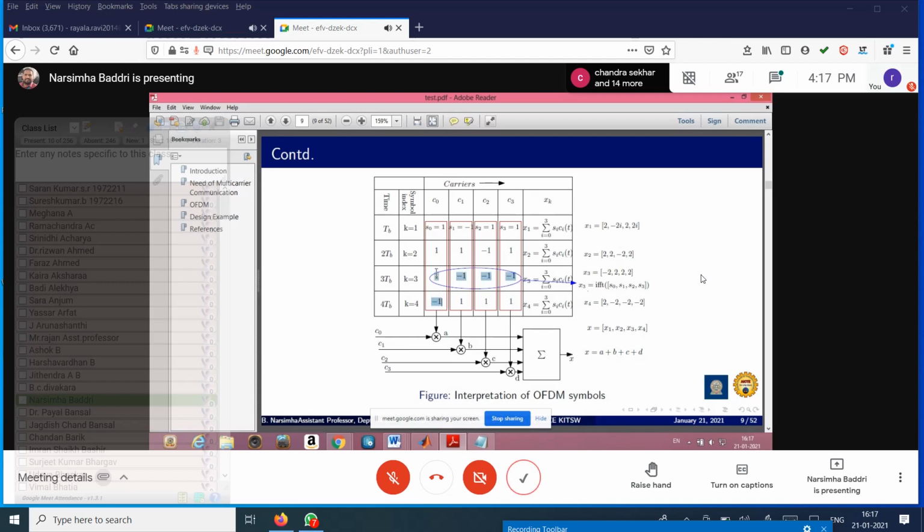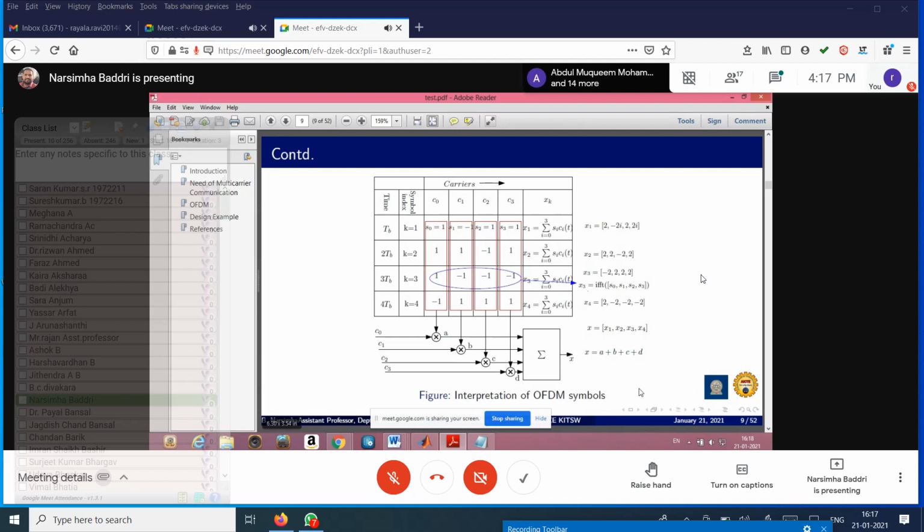Okay, each and every column is transmitted with a specific carrier, C0, C1, C2, C3. So the first column will be modulated with C0, the second column with C1, the third column with C2, and the fourth column with C3.